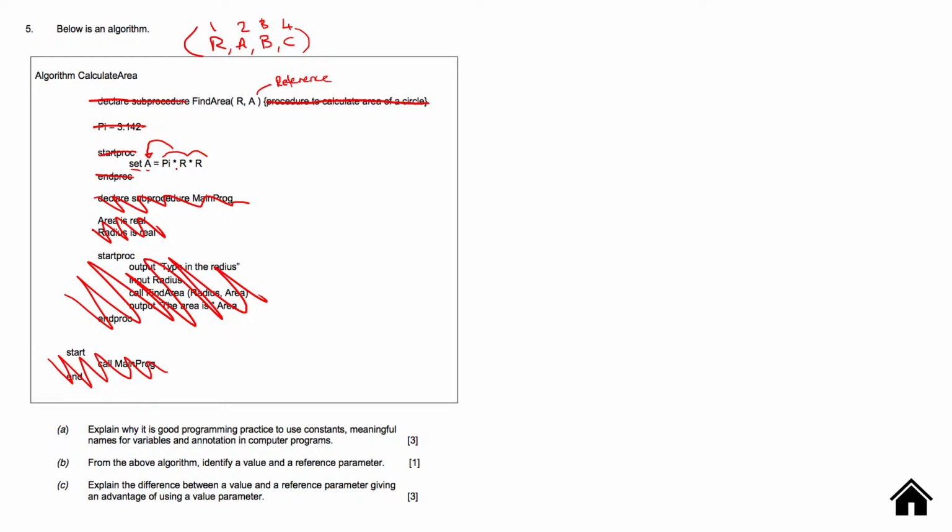Because you are just multiplying pi by r, you're not actually changing the r value. You're only using it. Therefore, you only need a copy of r, which is passing by value. So all you have to do is look at that and go which parameter is being changed and which parameter is not being changed. Hopefully that helps.